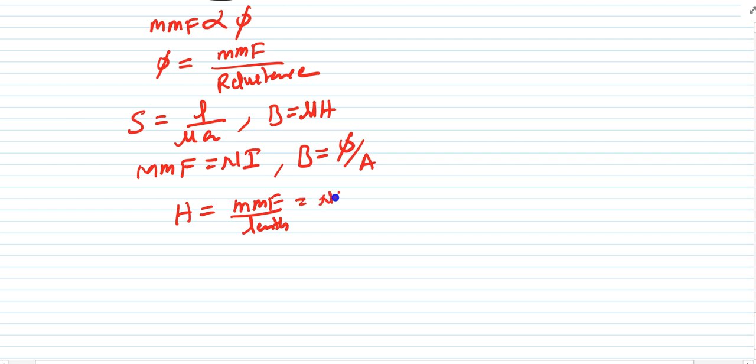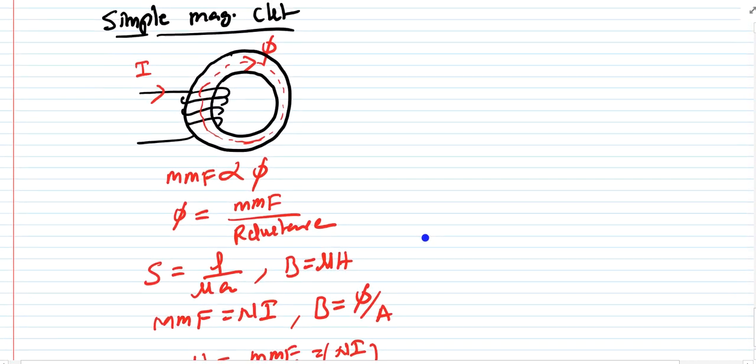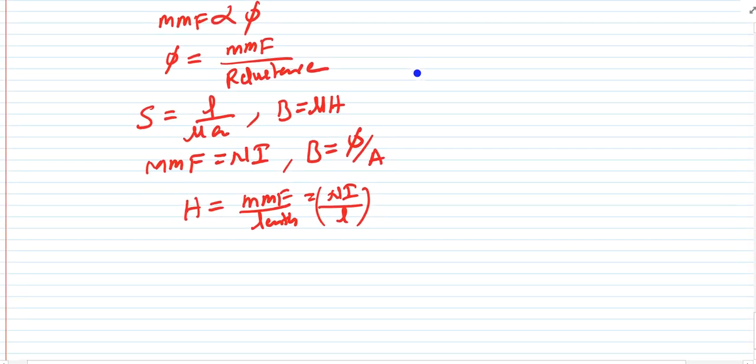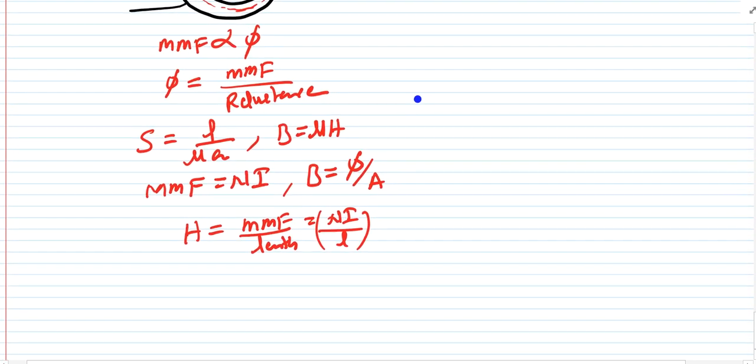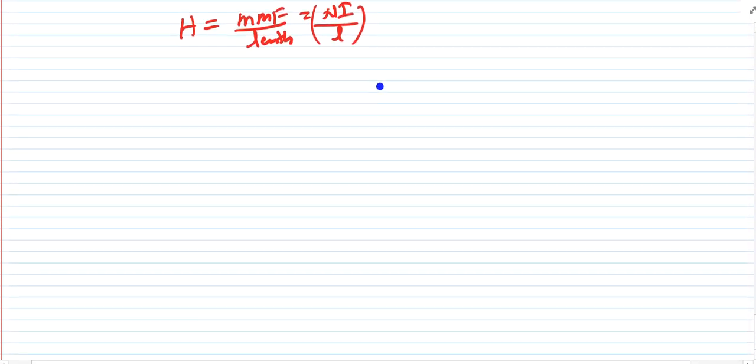What is this length? It is nothing but the length of this core. So that is what L is going to show here. This is a very simple magnetic circuit I have taken, and I'm just trying to obtain the relations between the different terminologies.